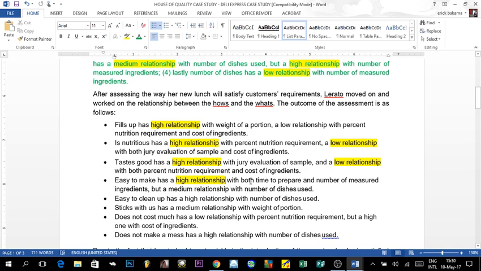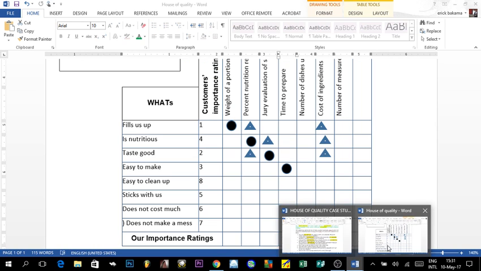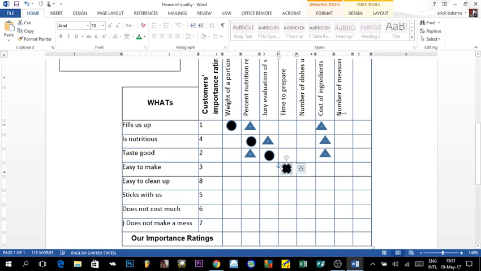So we go to the number of measured ingredient. The relationship is still high, which is the last one here.